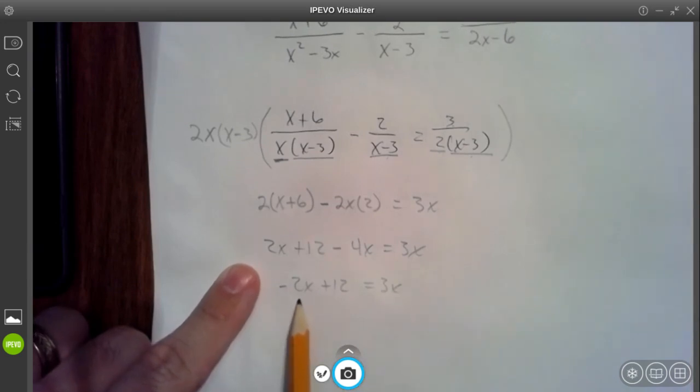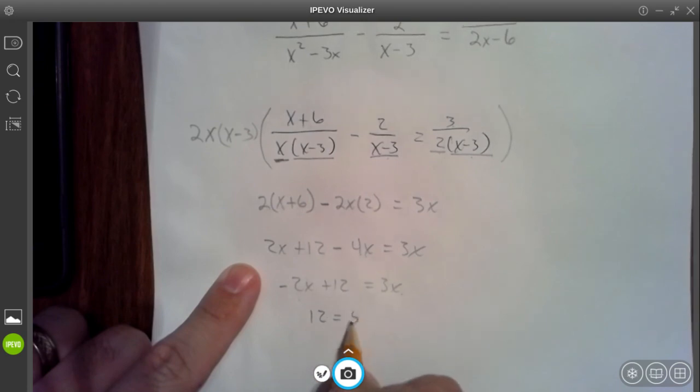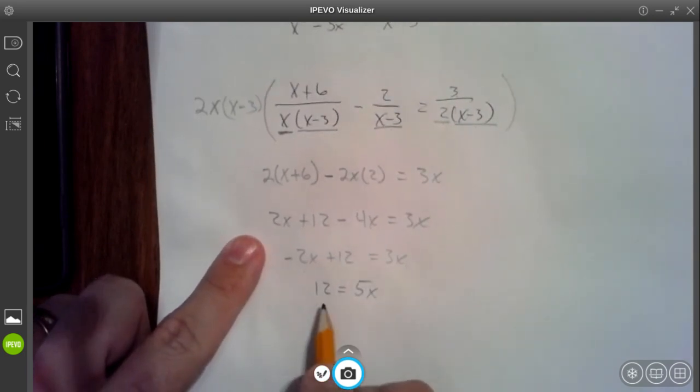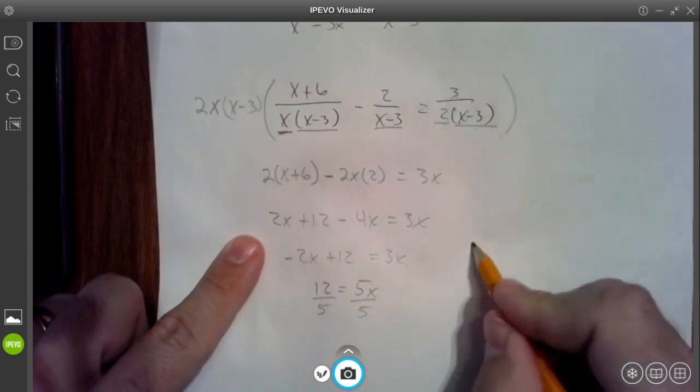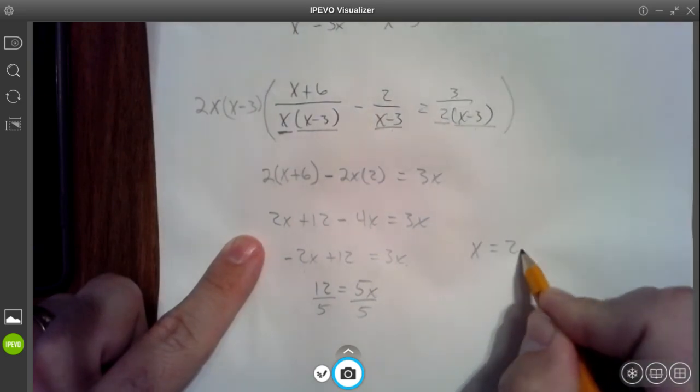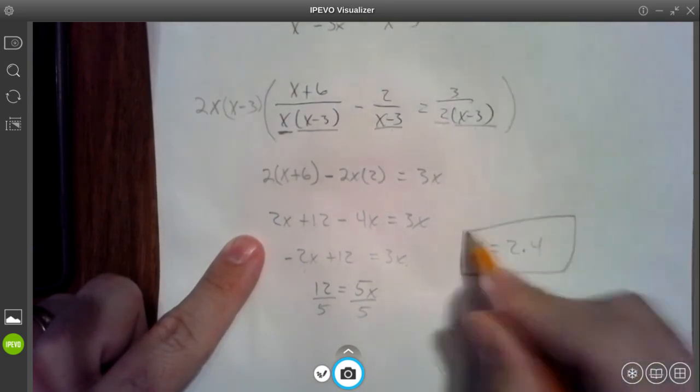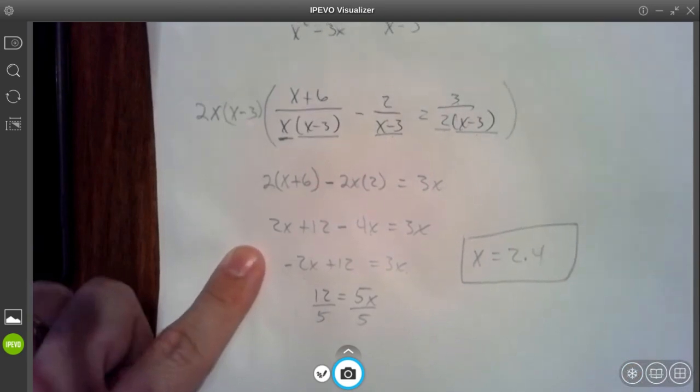I can move this 2x to the right-hand side, so I get 12 equals 5x, because you have to add 2x to both sides. And so 12 divided by 5 will be my answer. So x is equal to 2.4. That is my solution.